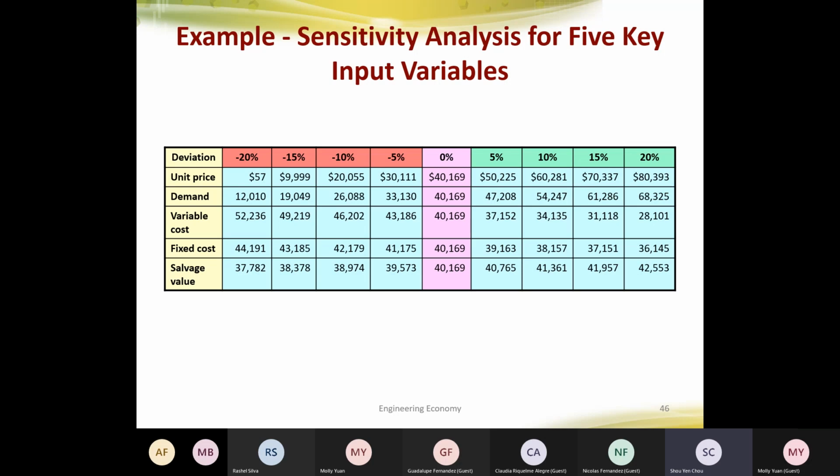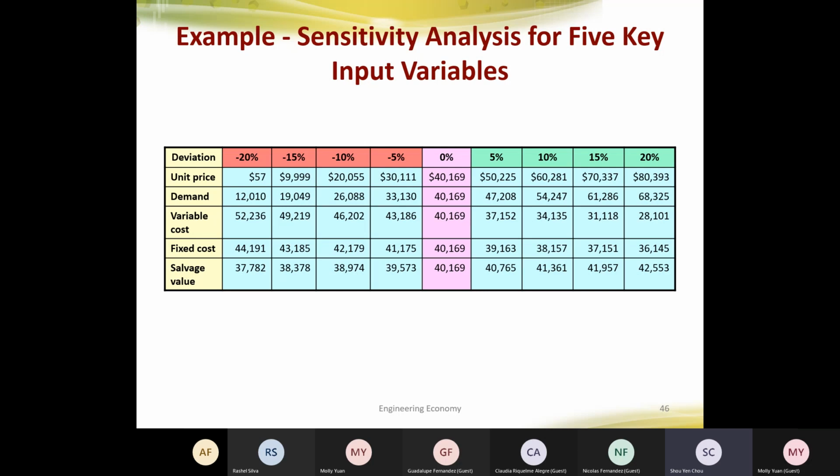However, if we want to vary the variables individually, so if we want to see the impact of variability on unit price, we can again go through this process.